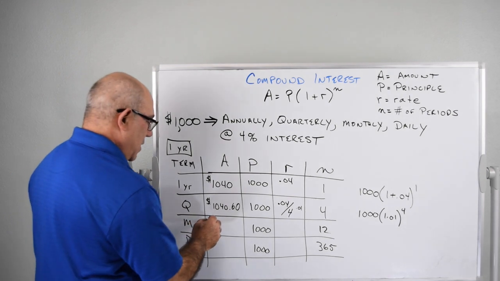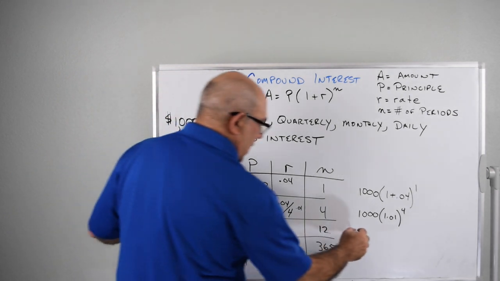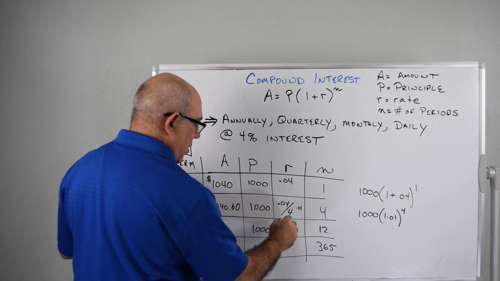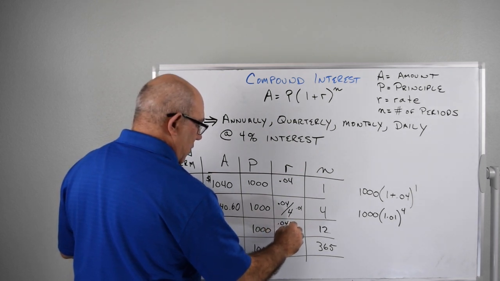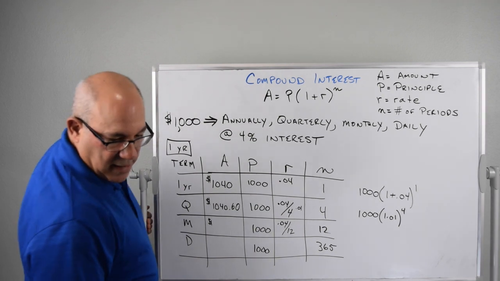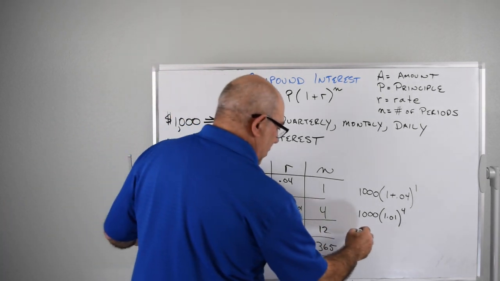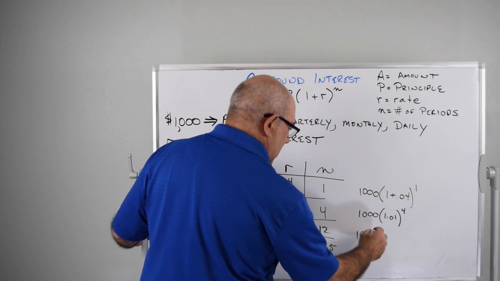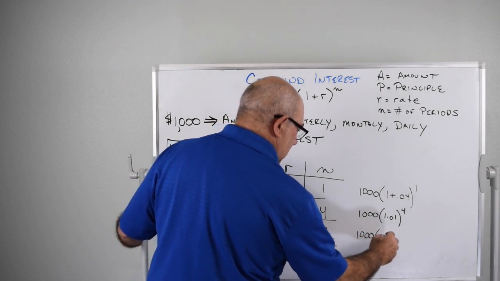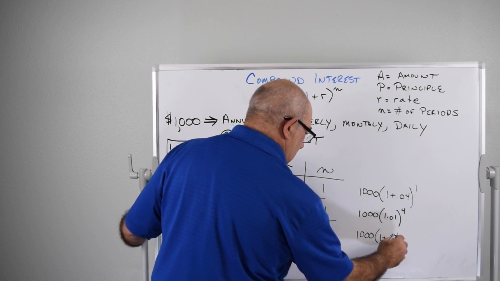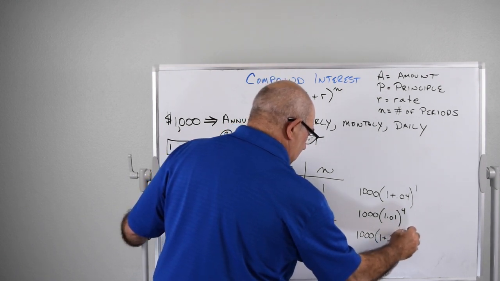Now, if we do the next one, we have to manipulate this rate again. So 0.04 is now divided by 12, and I didn't really calculate that, but we have 1,000 times 1 plus 0.04 divided by 12, to the 12th.